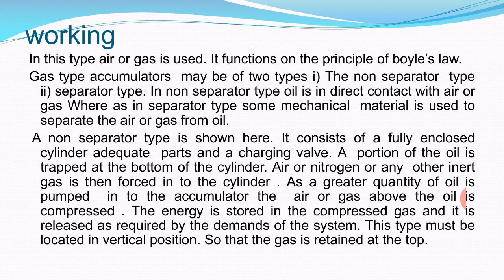As a greater quantity of oil is pumped into the accumulator, the air or gas above the oil is compressed. The energy is stored in the compressed gas, and it is released as required by the demands of the system. This type must be kept in a vertical position so that the gas is always retained above the top.